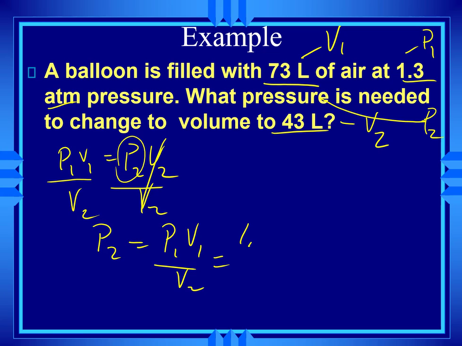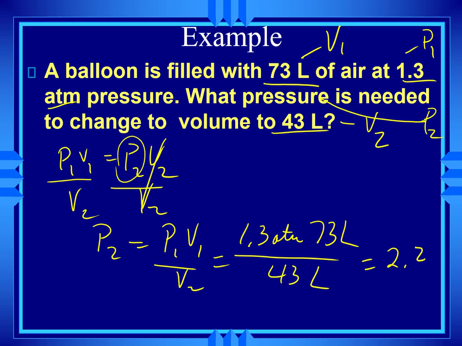P1 was 1.3 atmospheres. V1 was 73 liters. V2 was 43 liters. That one I can't do in my head. So 1.3 times 73 divided by 43 equals 2.21. And my units, well, liters cancel out, and I'm left with atmospheres, which is good because I was looking for a pressure.